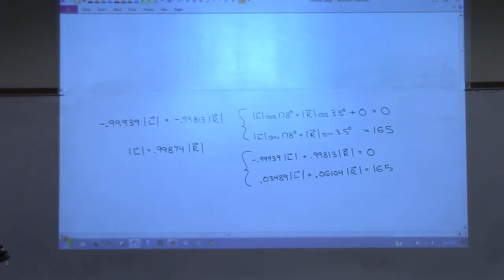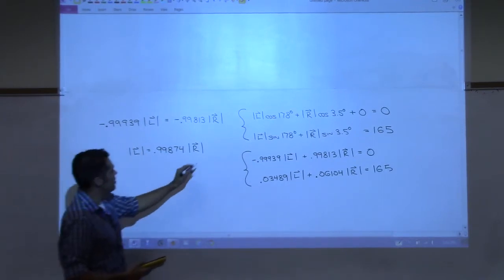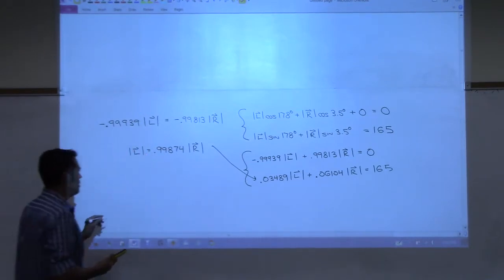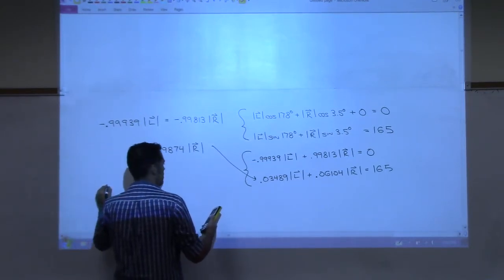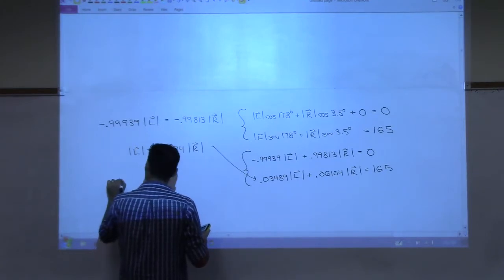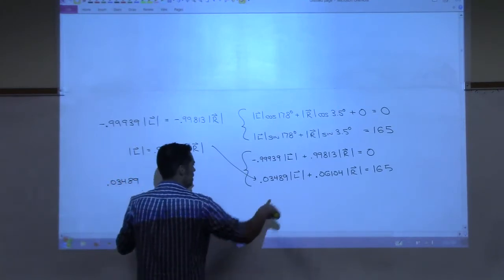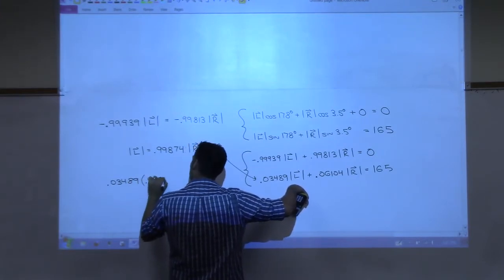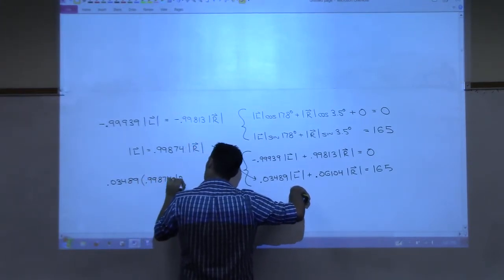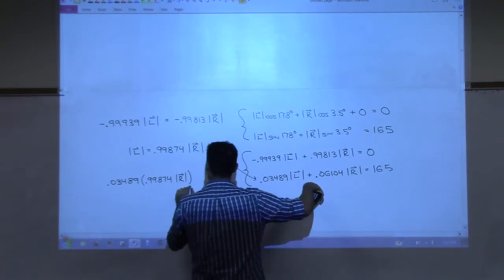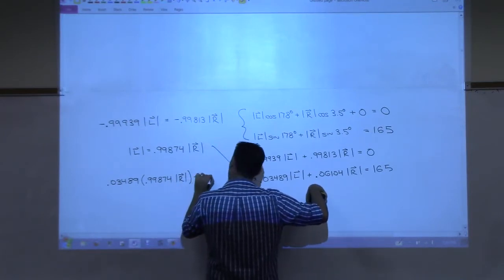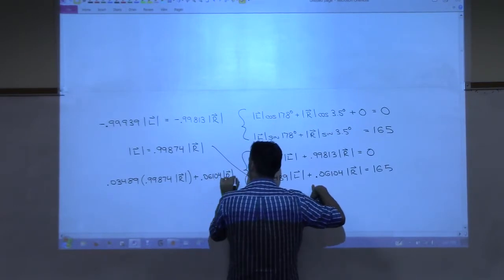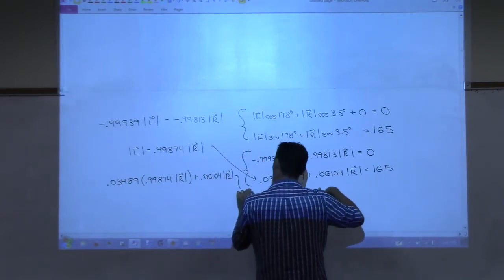Then I can plug that in to the second equation here, right? So we get 0.03489 magnitude of L, which is actually 0.99874 magnitude of R, plus 0.06104 magnitude of R, I'm running out of room, equals 165.